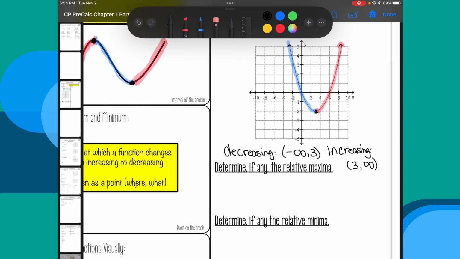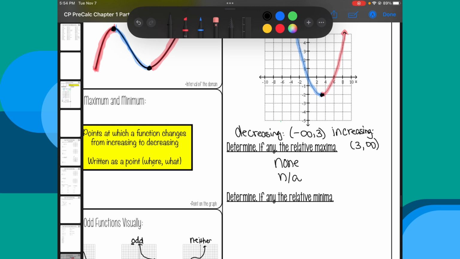Because that change of direction is at the bottom of our graph, we have a relative minima value. We don't have a maxima, so we can write none or NA. The point at which we have the relative minima is at x equal to 3. Notice we're counting by 2, so in the middle would be 3, negative 2.